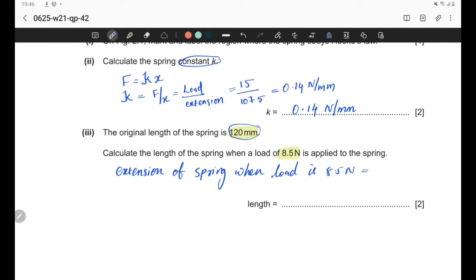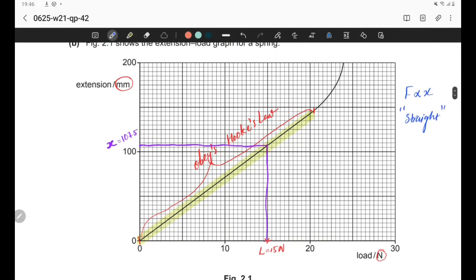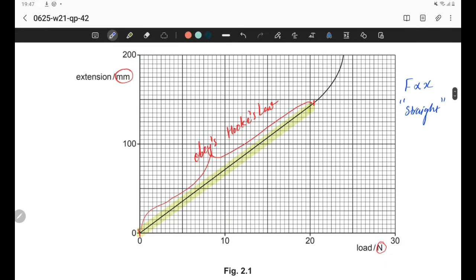So we need to again check the graph and we have to identify here the load which is 8.5 Newton, and we can see here two small boxes represent 1 Newton. So we will get here this is 5 Newton, then next box is 6 Newton, 7, 8, and this point represents 8.5 Newton.